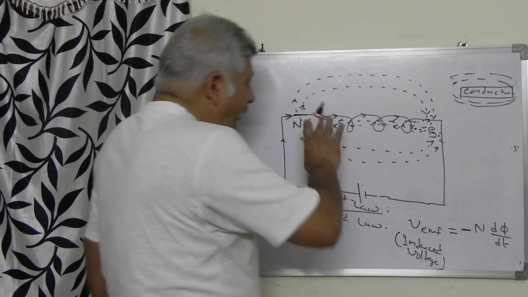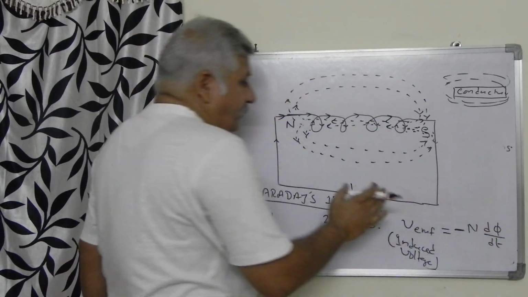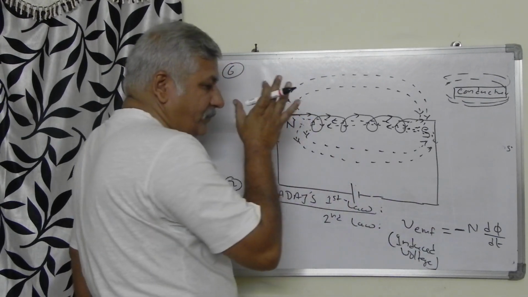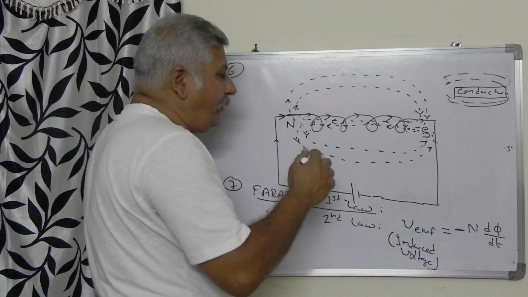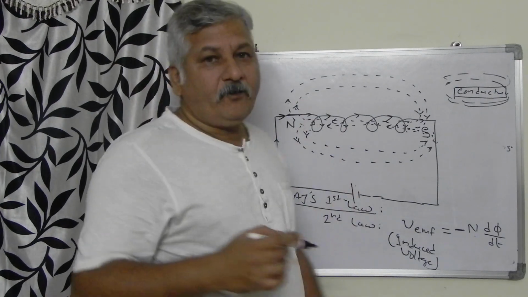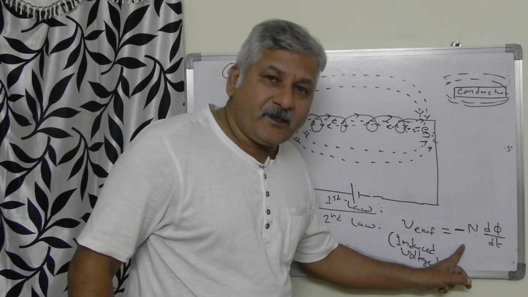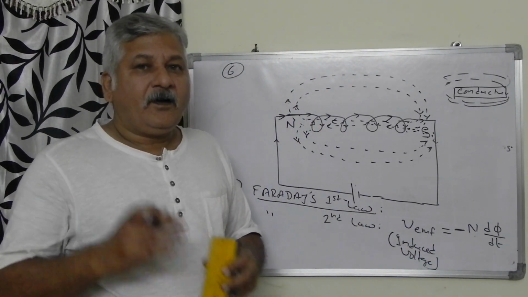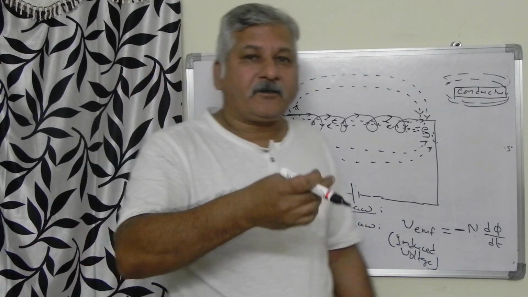So if the rate of change of flux is more, then more voltage will be induced in this, right? Or if the number of turns in the coil is more, then more voltage will be induced in this coil. And the negative sign indicates that the induced voltage always opposes the cause which has produced it, right?